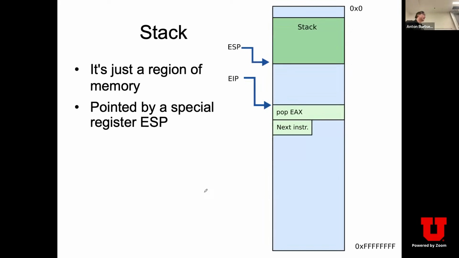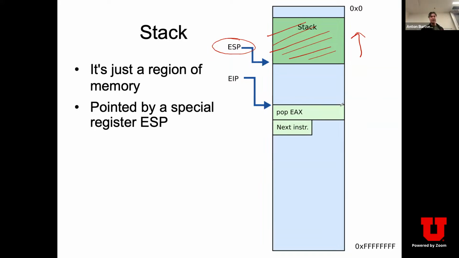Okay, let's take a look. Just a quick recap: the stack, which we looked at last time. The stack is just a region of memory, marked green on my slide. It's pointed to by a special register, the ESP stack pointer register. On most architectures, it grows towards the 0 address.